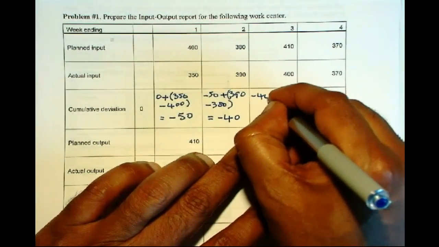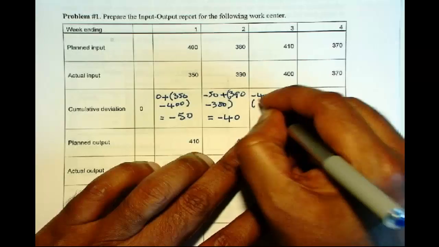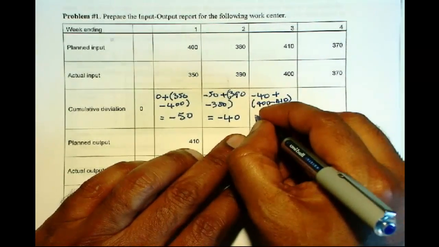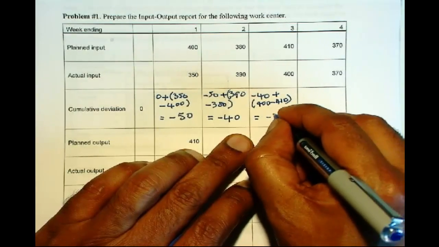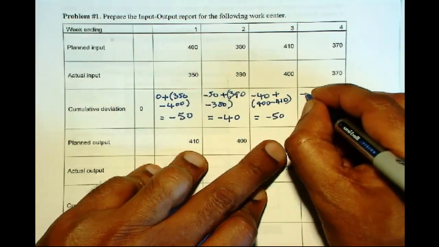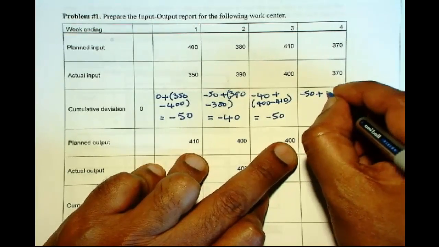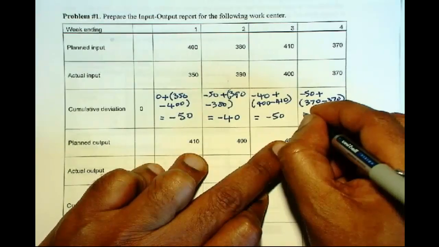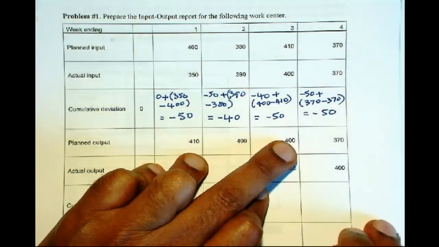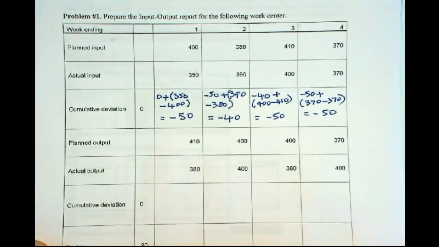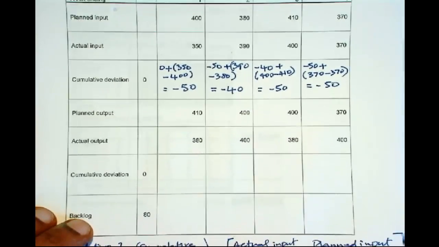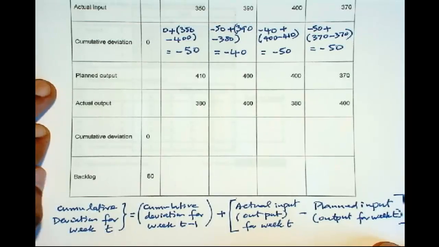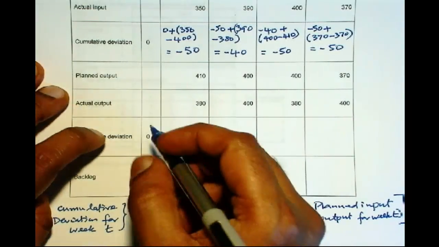Minus 40 plus 400 minus 410 gives us minus 50. Then minus 50 plus 370 minus 370 gives you minus 50. So you plot this and then you can see how the planned input versus the actual input is performing over time. And we do the same thing for output.